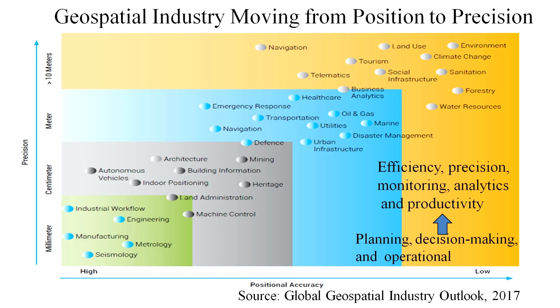Now, if we look into the evolution of geospatial, initially it was more at a POC level, the proof of concept level. It was mostly used as a tool for planning, decision making and operations, but more and more it is now becoming a tool for improving efficiency, precision, monitoring, and more analytical work.